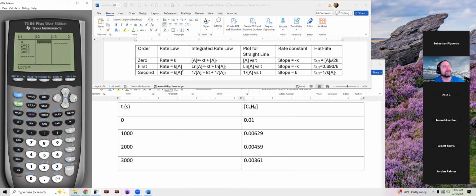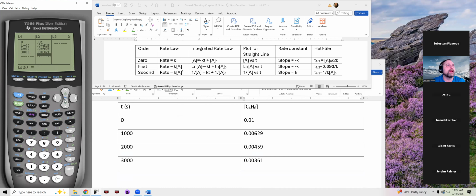Okay, and I'm going to go ahead and put in my L2. I'm putting in my concentration: 0.01, 0.00629, 0.00459, 0.00361. And I'm going to double check that these are in the same place, that the blank is in the same place.